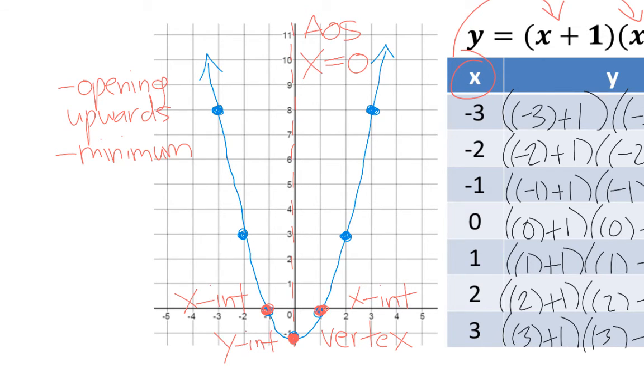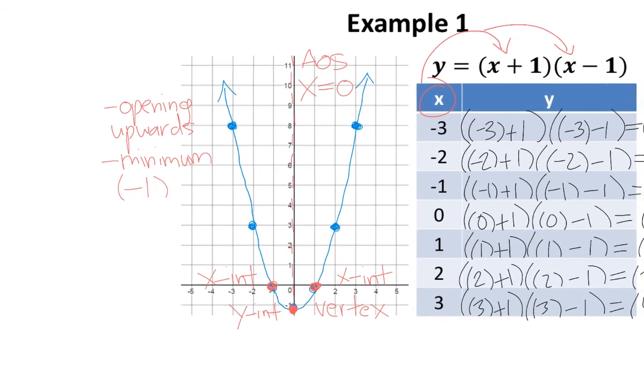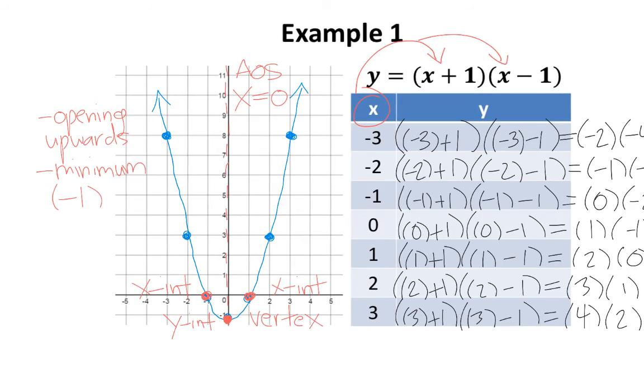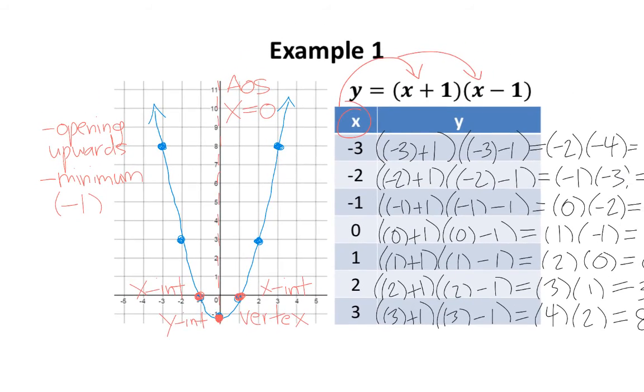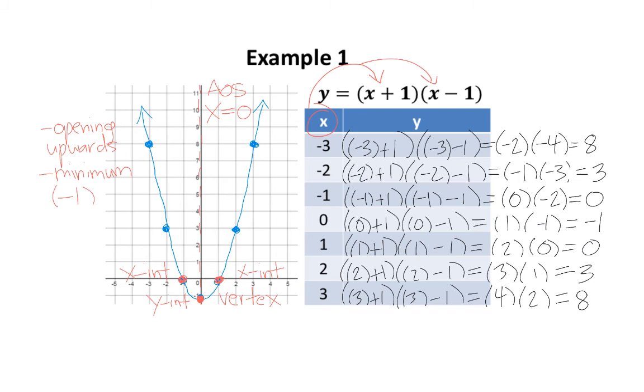And in this situation, the minimum value happens to be -1. I'm just going to put that in brackets. Therefore, we have just graphed the quadratic relation, which was originally given to us in factored form. Okay, I'm just going to make a little note that that was in factored form.